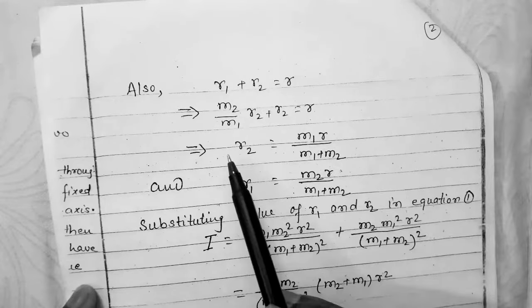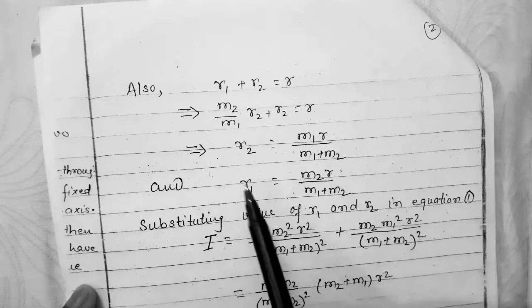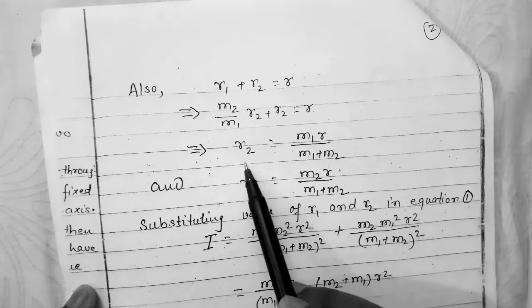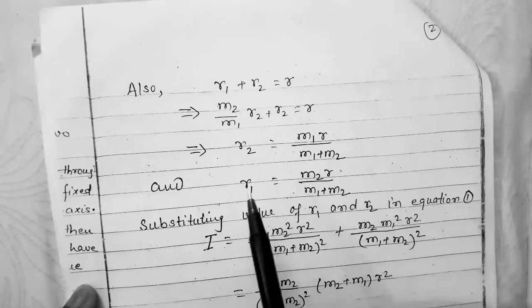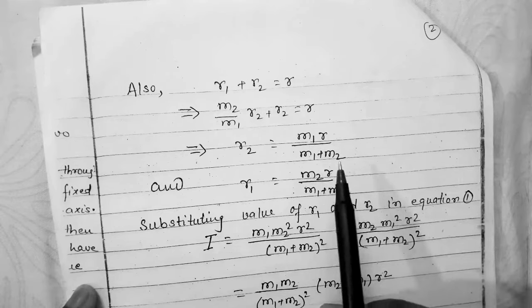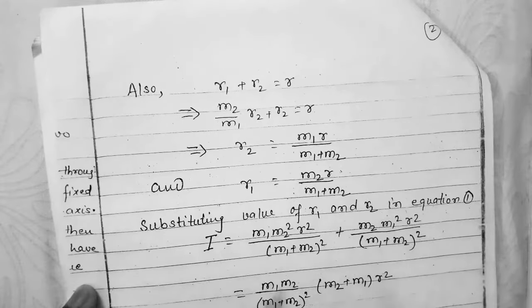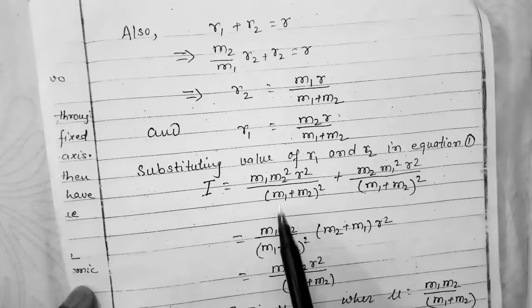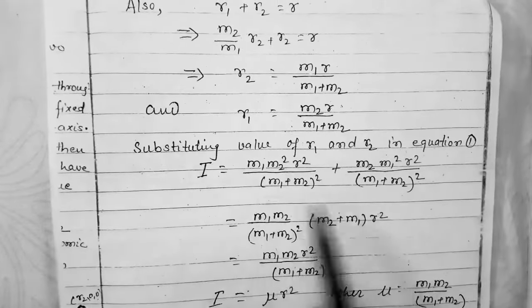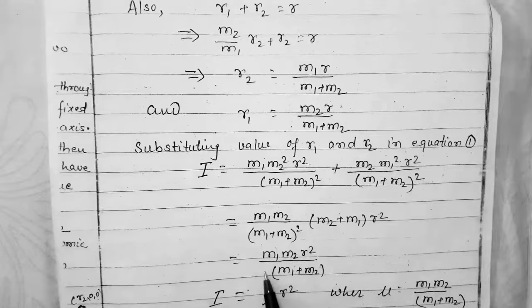Now, on putting the values of r1 and r2 in the moment of inertia equation, that is I equals m1 r1 squared plus m2 r2 squared, in equation 1, we get this kind of equation.